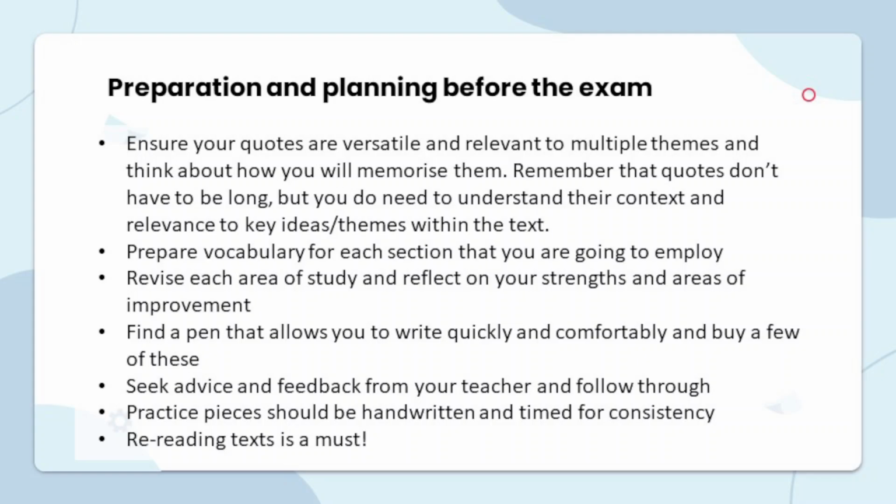If you've got vocab that you can fall back on, whether it's vocab for talking about a writer's intended effect if it's for section C, or vocab for talking about authorial intent if it's for section A, or vocab that's relevant to your framework for section B. So having a really nice bank of vocab that you know you can fall back on if you get a bit nervous or you get a bit stuck, you're like, I'm going to say this.